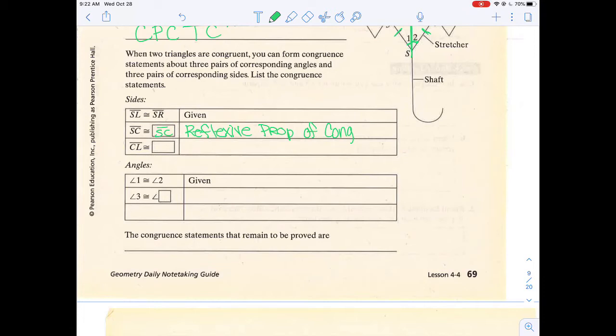Then, because we proved those triangles are congruent, we didn't say anything about side CL before, but we know that it's congruent to side CR because corresponding parts of congruent triangles are congruent. Okay, then they gave us angle 1 is congruent to angle 2. We proved angle 3 was congruent to angle 4 by corresponding parts of congruent triangles are congruent.